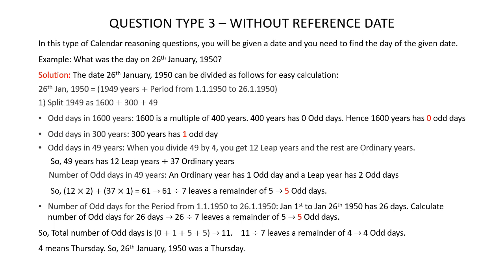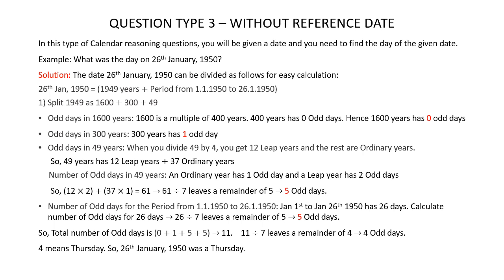So the number of odd days in 49 years would be 12 multiplied by 2 plus 37 multiplied by 1, which is 61. Now 61 divided by 7 leaves a remainder of 5, which means there are 5 odd days in 49 years.